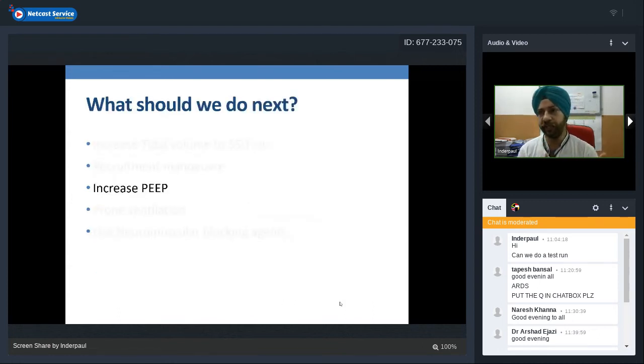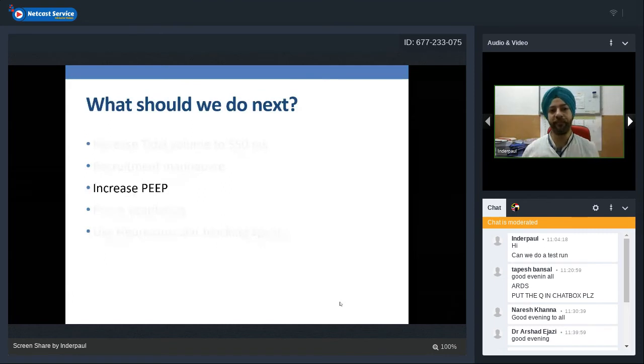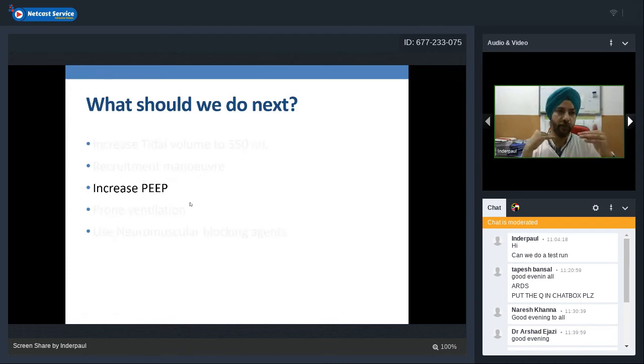Once you've opened up the alveoli and the airways, what you really want to do is prevent those opened-up lung units from collapsing again. That is where the role of PEEP comes in, which is positive end-expiratory pressure. So you want to give an optimal end-expiratory pressure so that the lung units which you have been able to open up do not collapse.